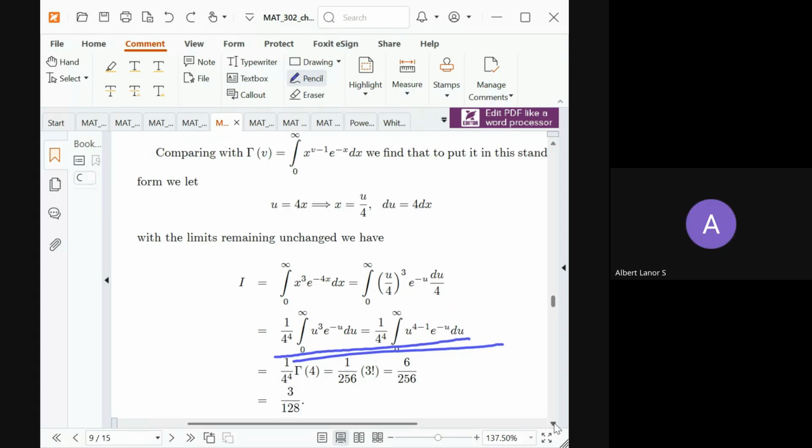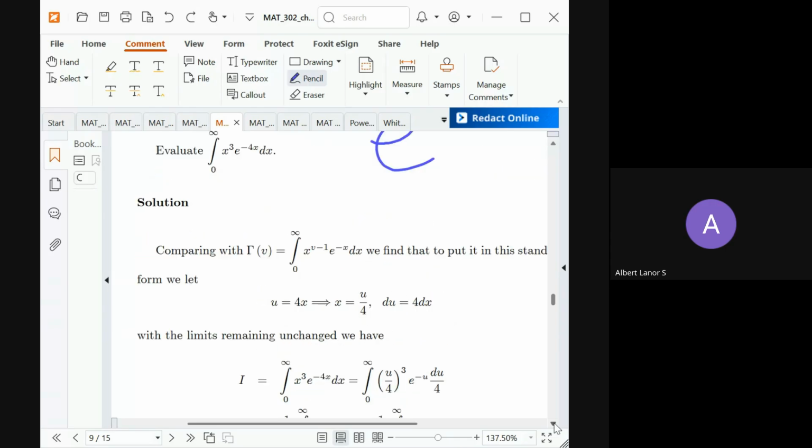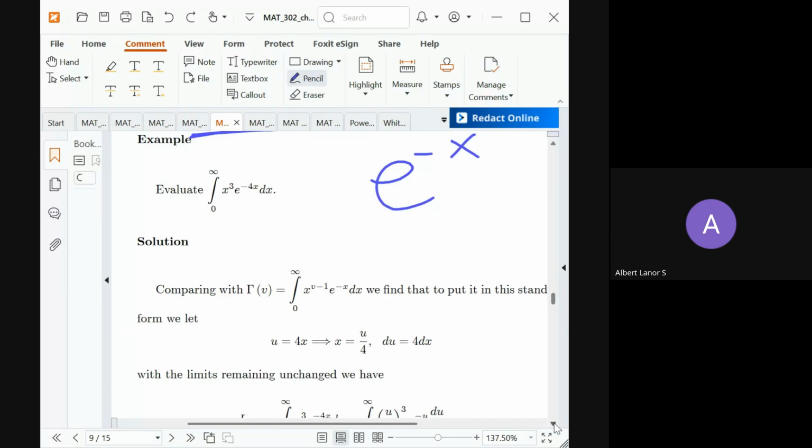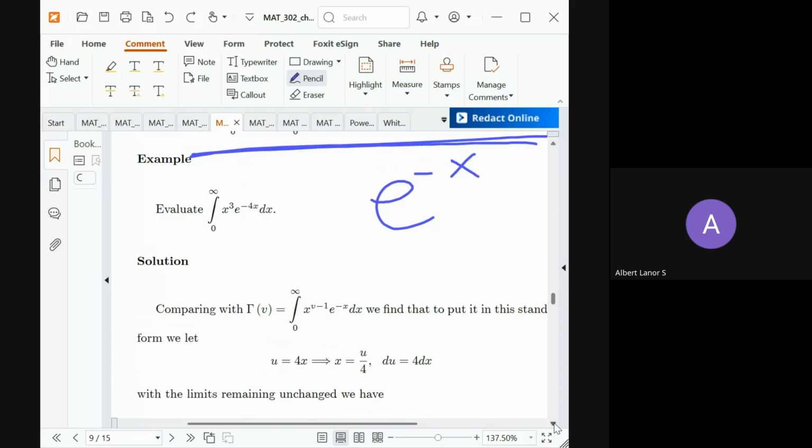So we use change of variable. If you transform it into u, you can integrate it in u. You get the same solution. The problem itself had e to the power minus 4x.